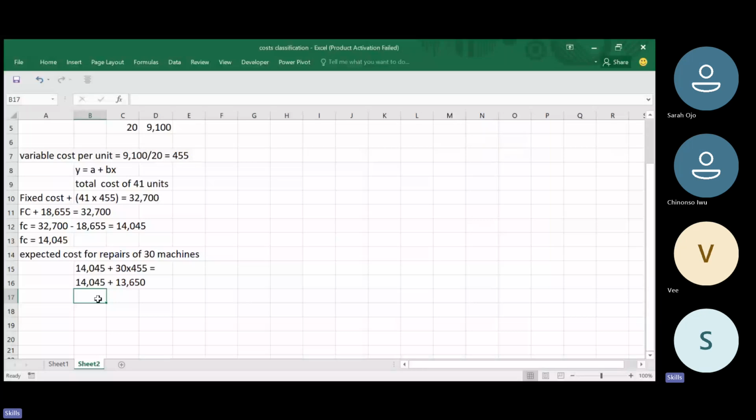Plus 14,045, we have 27,695. So this is for repairs of 30 machines. So this is it for this question.